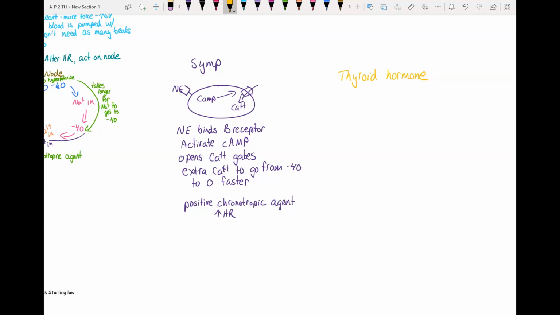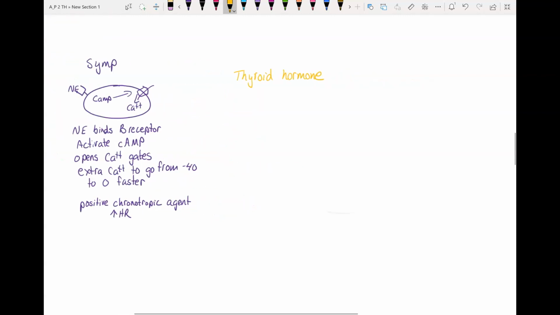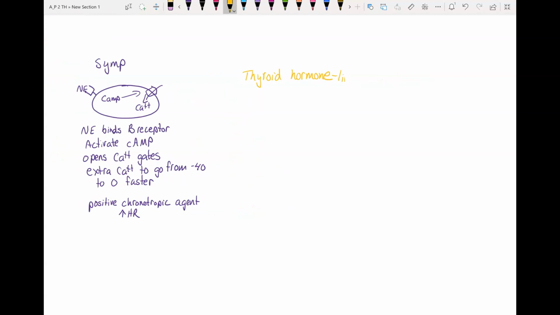Is it water soluble or lipid soluble? And what are the implications of that? What is it going to make the heart cell do? So thyroid hormone is lipid soluble, and we know that lipid soluble hormones stimulate cells to make protein.